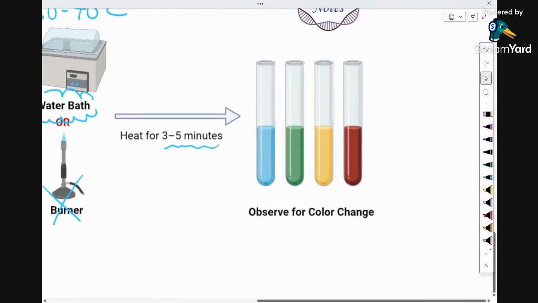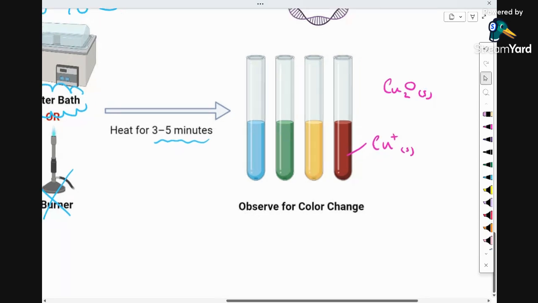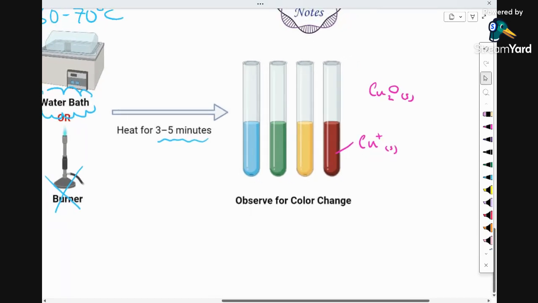And what you'll notice here is it doesn't immediately go red. Over here, we absolutely would have our copper 1 plus solid, our copper oxide, Cu2O solid, produced. It's kind of a stepwise change.